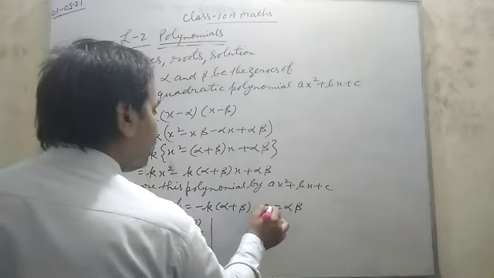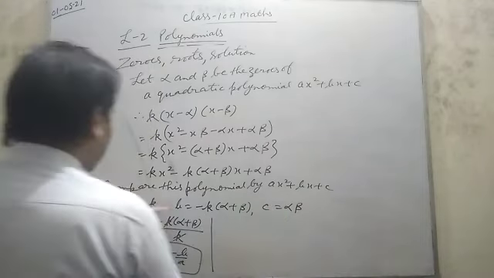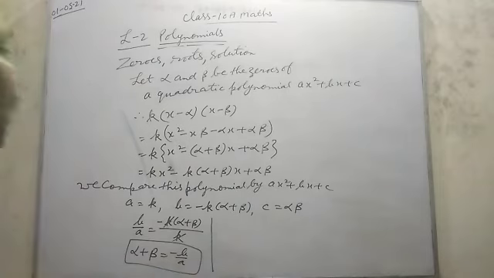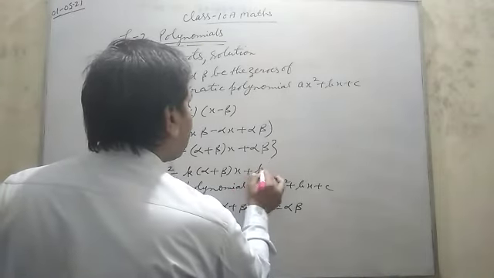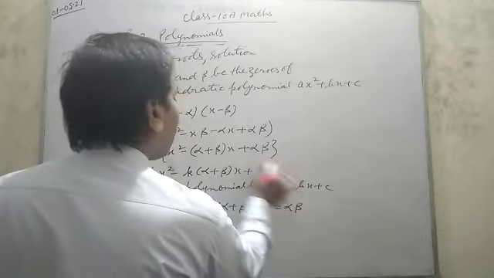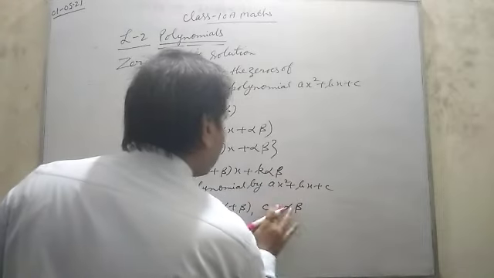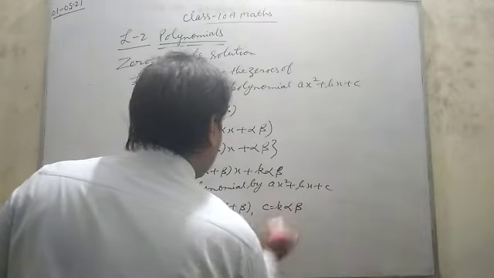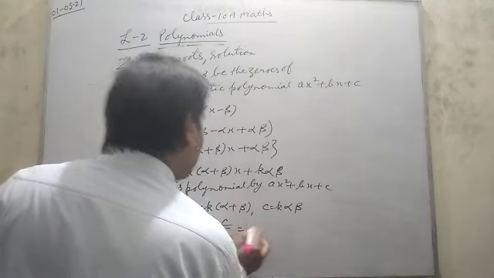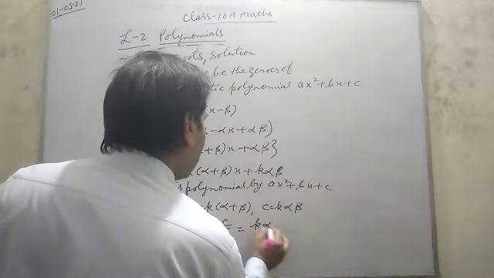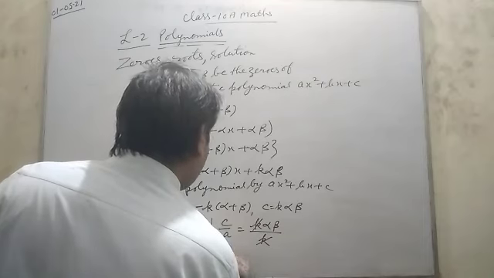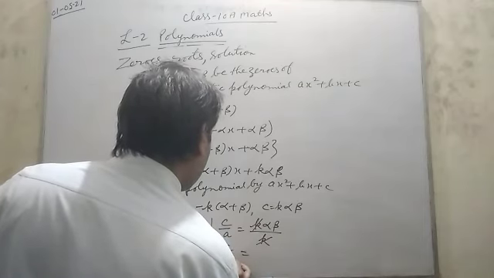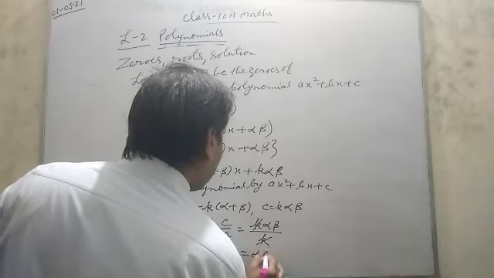Then divide c upon a. Sorry, here also k multiplies in all, so it is k alpha beta. Then c upon a means k alpha beta upon k, so k cancels. So c upon a is equal to alpha beta.